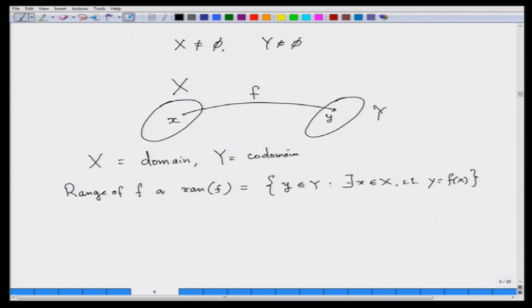So, this means that not all elements of Y need be an output corresponding to a given x. That is something very, very important. So, there is a difference between codomain and range. Essentially, range is a subset of the codomain.